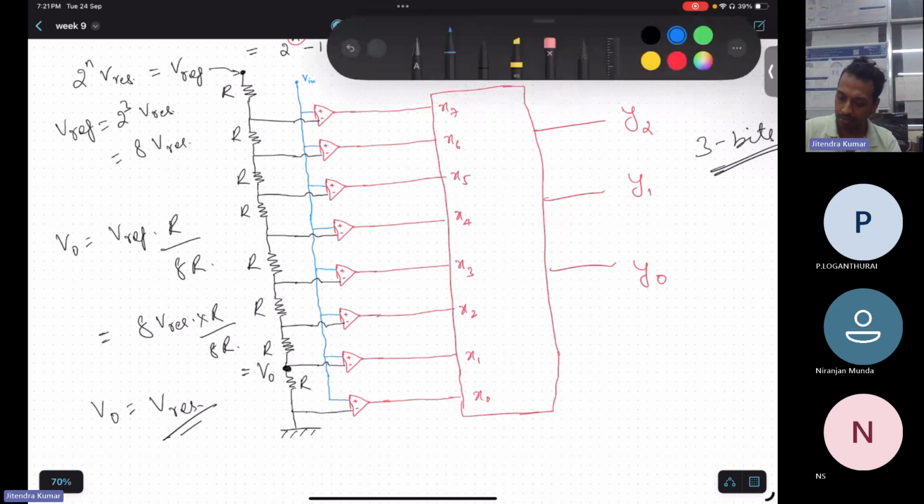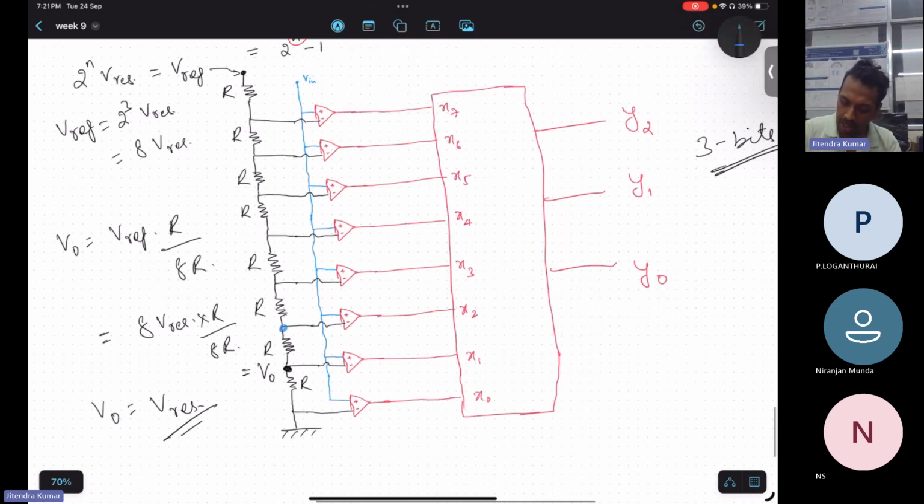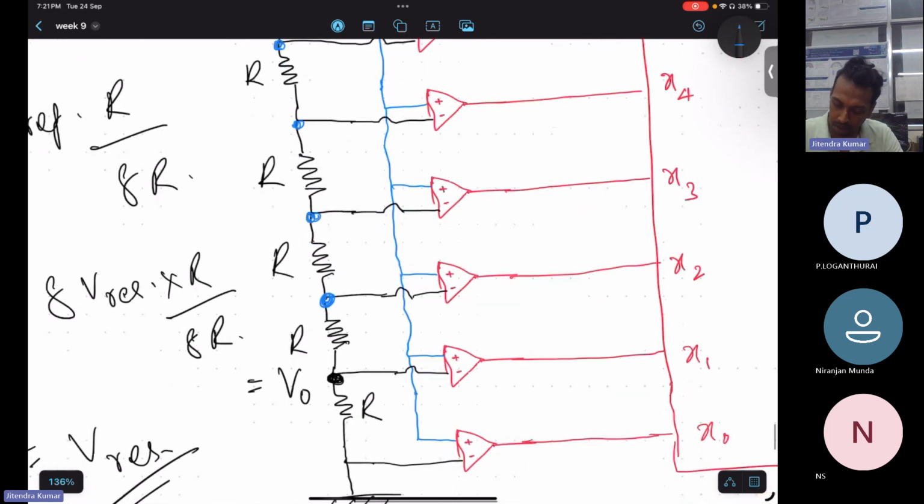Similarly, if you see at this node, how much will be there? It will be 7R below, but in terms of resolution, it will be 2 V resolution. So if you go ladder by ladder: 3 V resolution, 4 V resolution, 5 V resolution. Let me write it here.